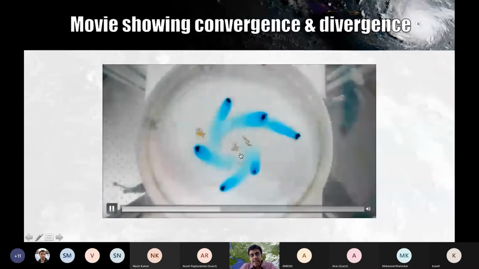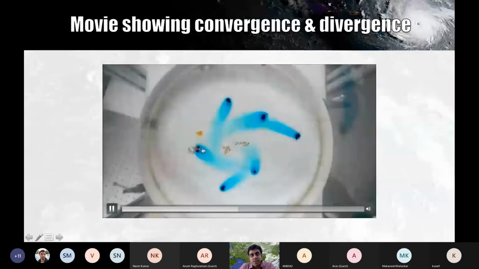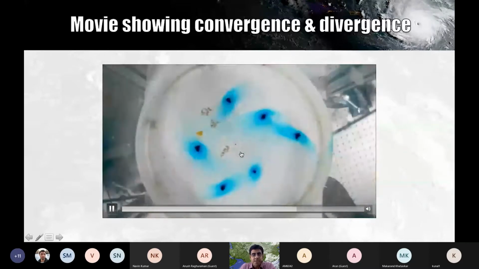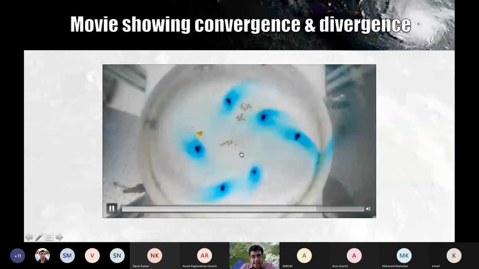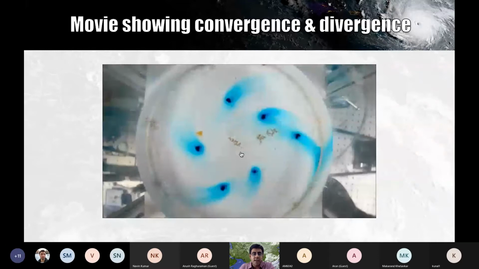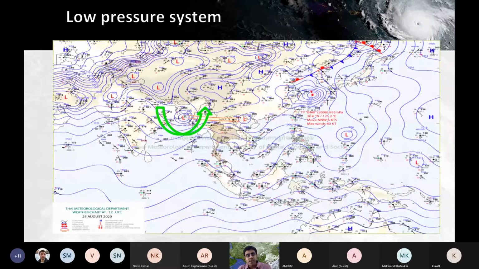Okay, so these are things that we can show to the students and show them how things converge and how things diverge. So low pressure and high pressure systems, we can actually demonstrate in the lab as well. So just a short movie that is a part of the curriculum at IIT Bombay for the students to appreciate these weather dynamics.